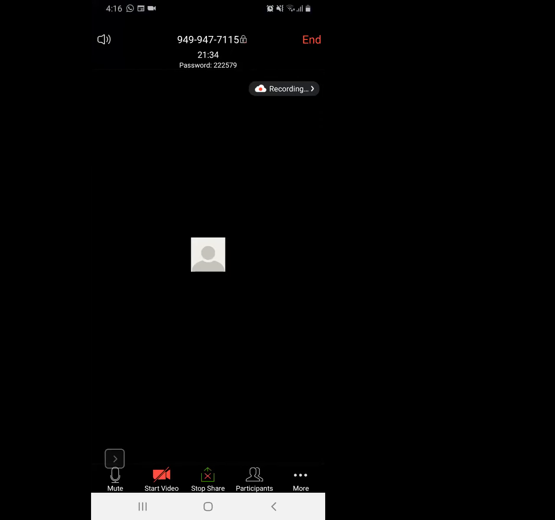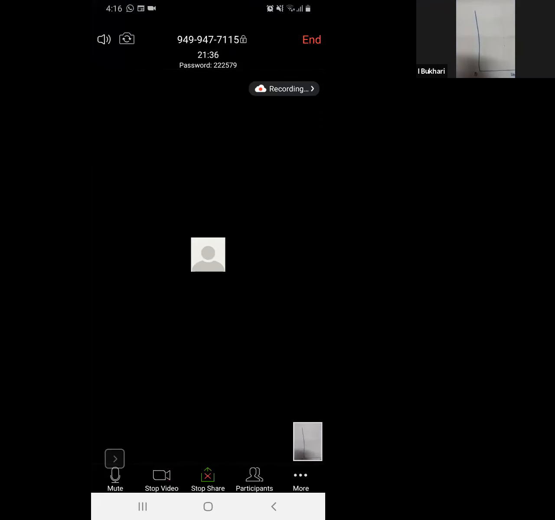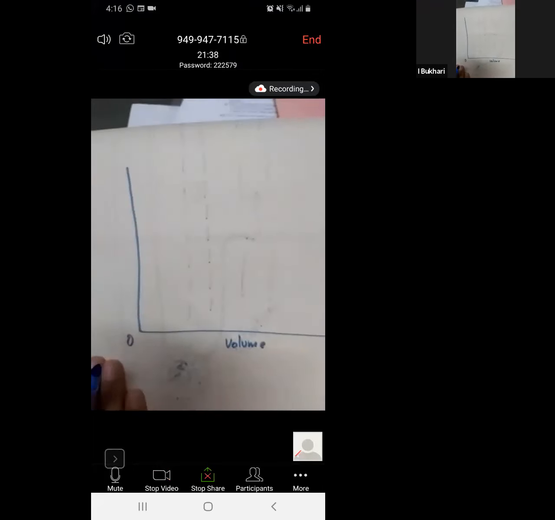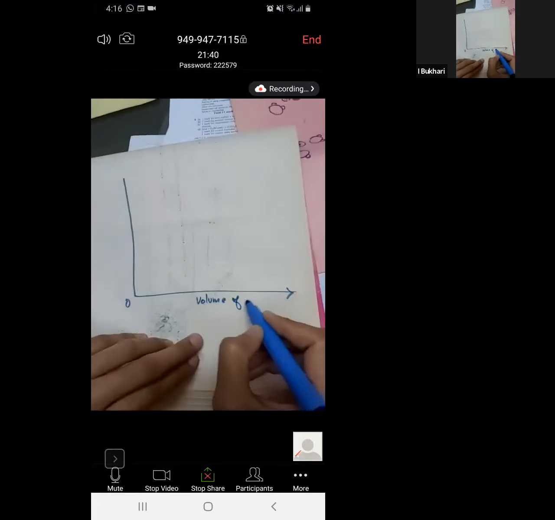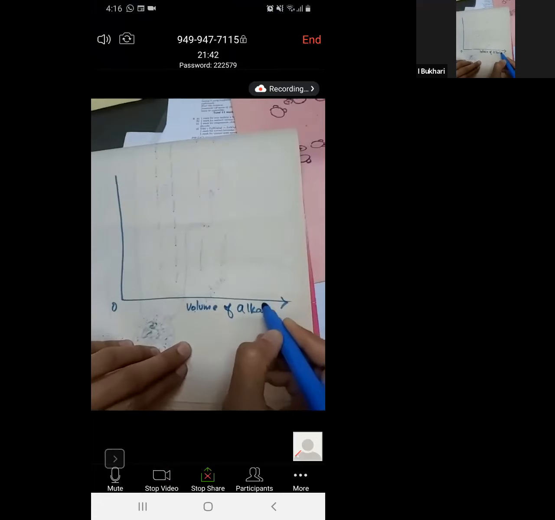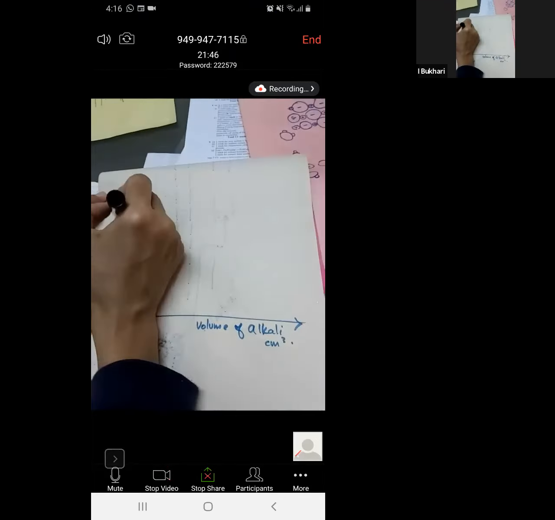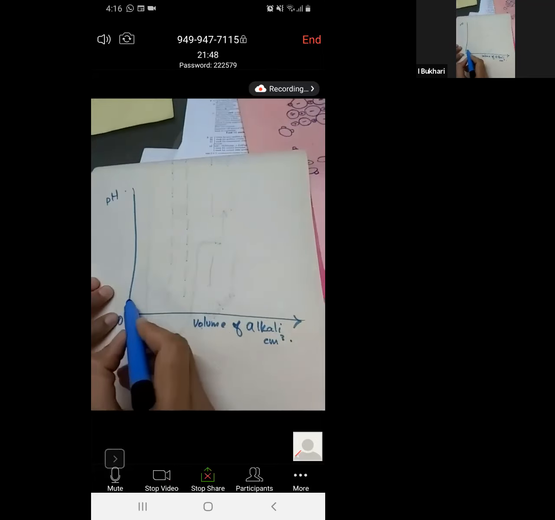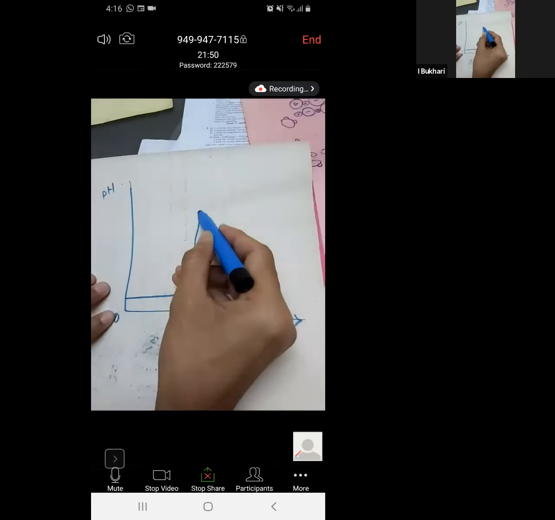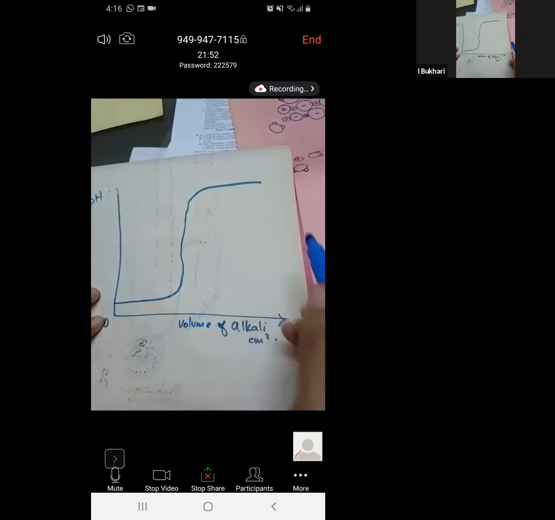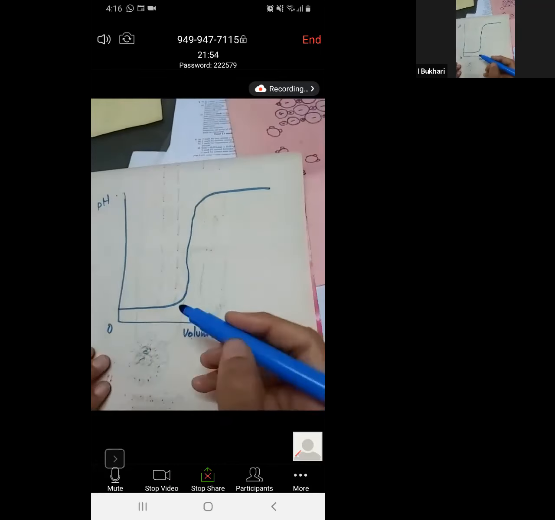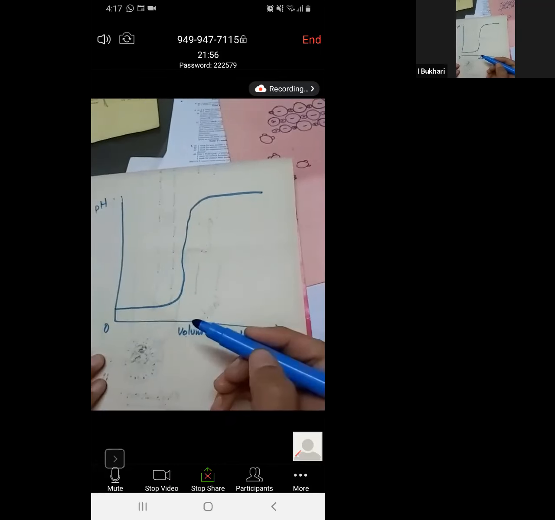I will show you the graph. This is the volume of alkali that we are adding in cm cubed, and this is the pH, right? And the shape of the graph is like this. So where exactly in this graph will you say that the neutralization reaction has completed?